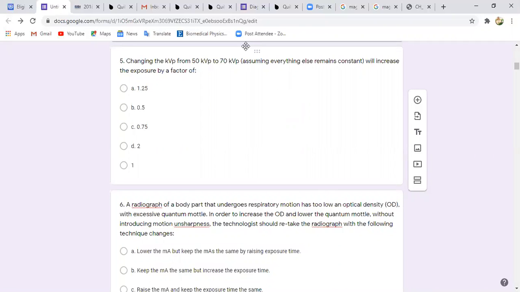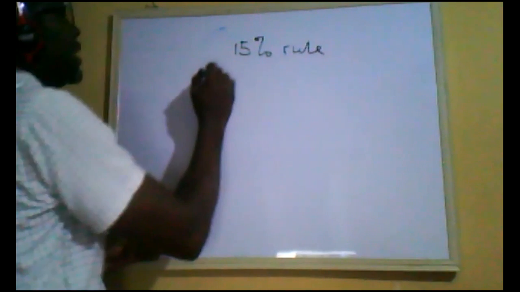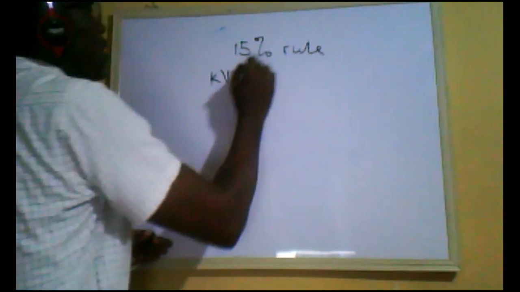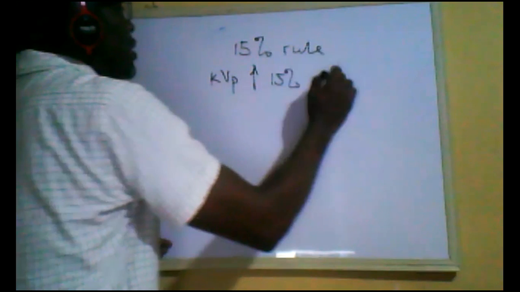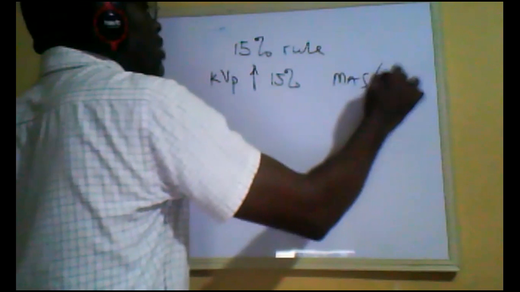I think I have to show this quickly on the board. The 15% rule says that if the kVp increases by 15%, mAs increases by 200%, that is times 2.